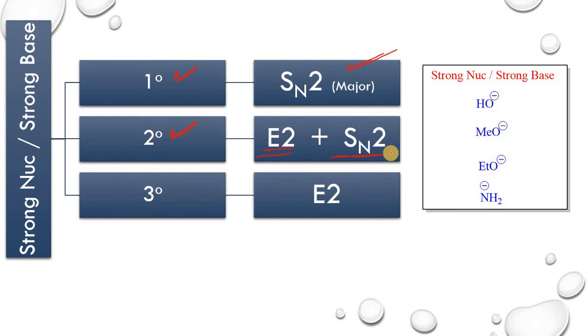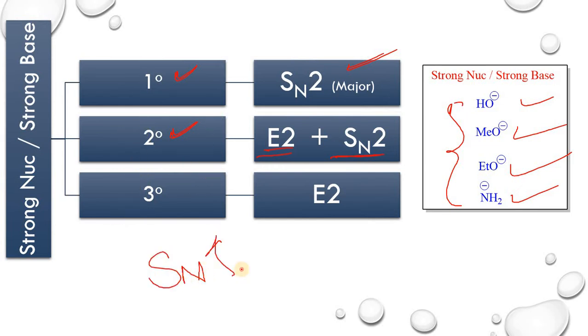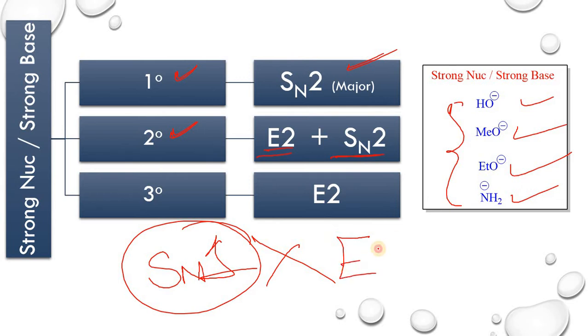And in case of secondary, suppose if you take secondary alkyl halides, here there is a competition between E2 and SN2. In secondary case, if you use strong nucleophiles or strong base such as OH minus, MeO minus, EtO minus, NH2 minus, in the case of secondary or tertiary, you cannot find the SN1 type of mechanism. You cannot find SN1 type of mechanism and also you cannot find E1 type of mechanism.